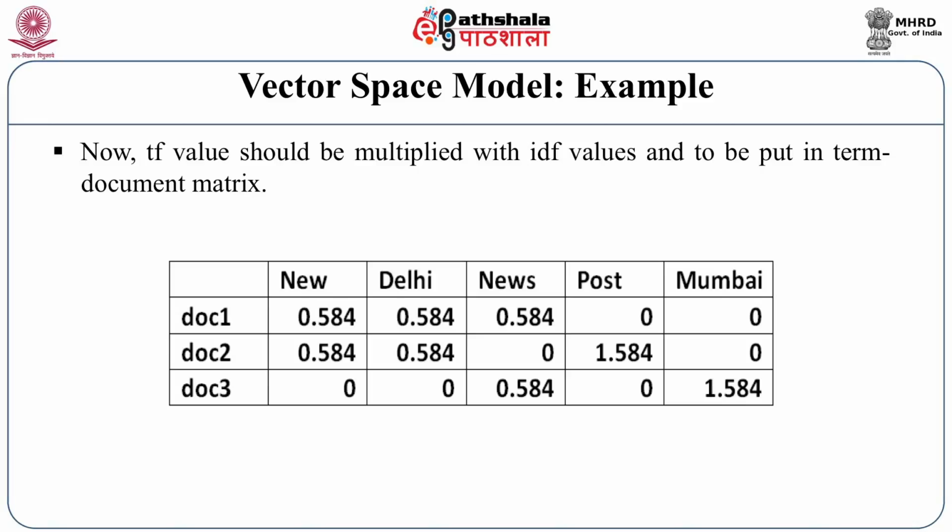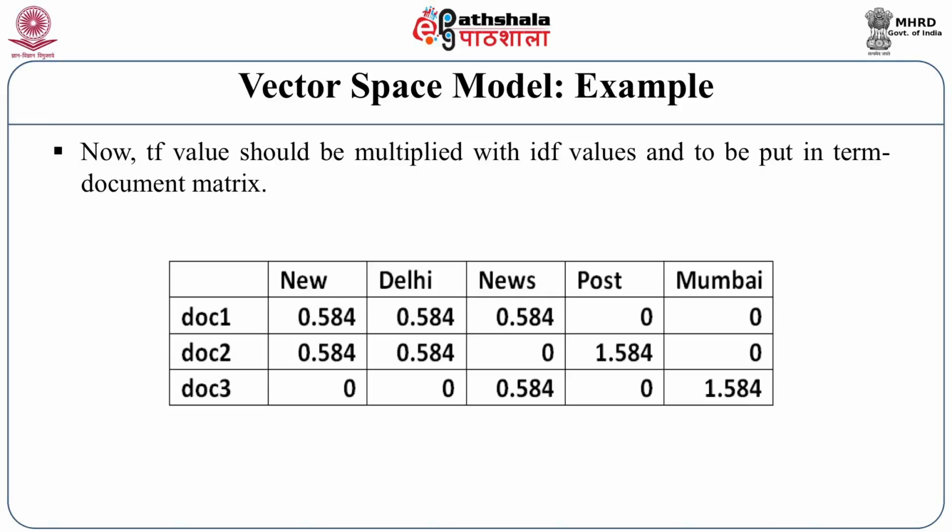Now after doing this calculation, I am creating the term document matrix. The term document matrix you all know. For your understanding, for this set of documents I have created a term document matrix. Row wise it is the document ID, and column wise it is the index terms.